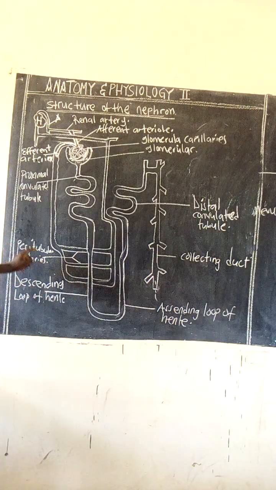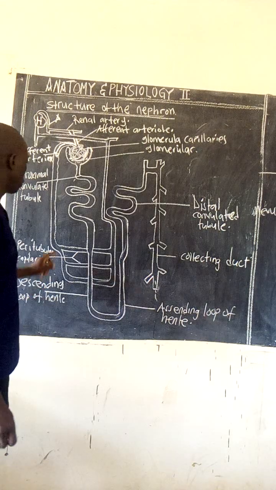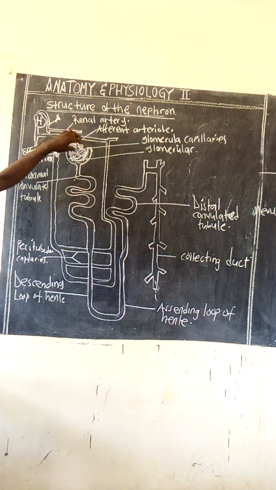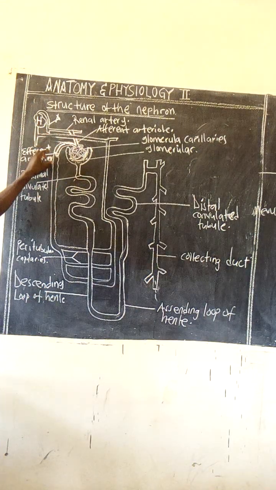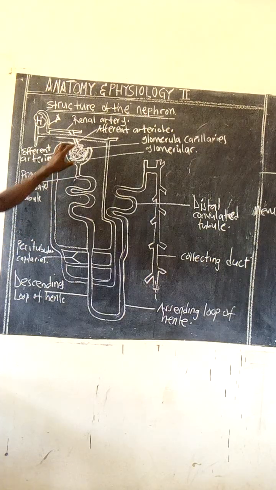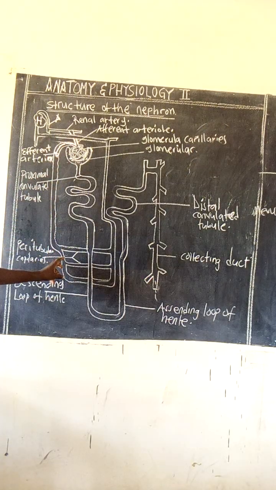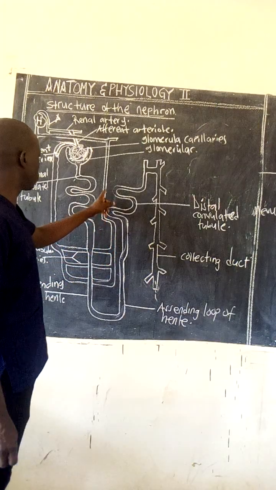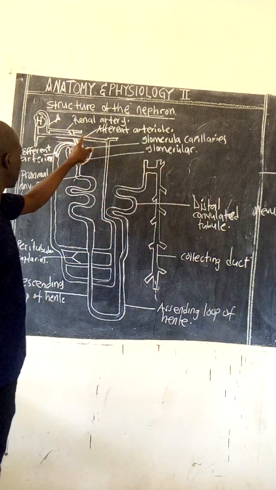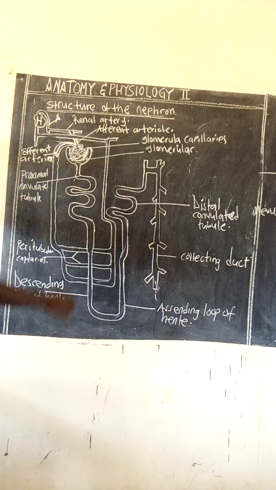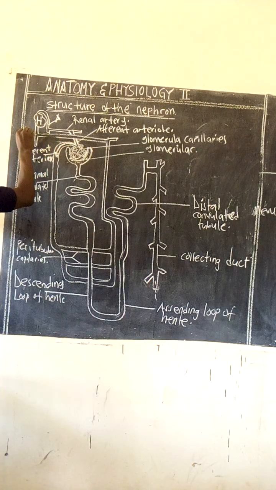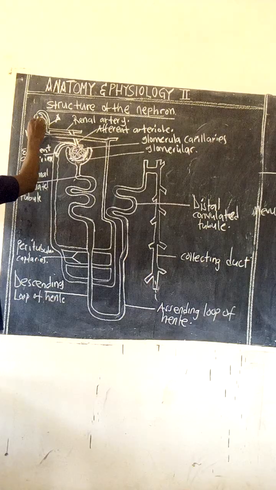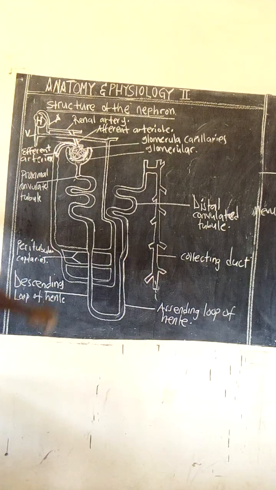These are the peritubular capillaries, which take substances that are not filtered at the glomerulus, and they are taken out, and then they join back to the venous system. So this is our inferior vena cava, and then they are taken back to the heart for circulation.